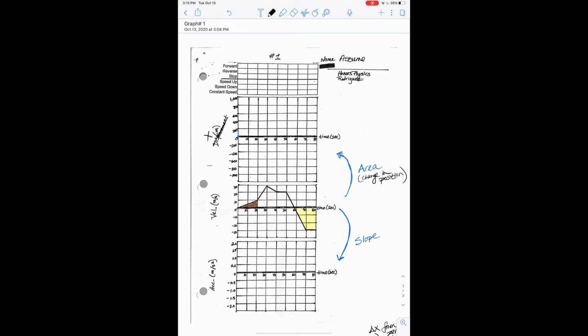Assume that at time equals 0, x equals 0. We'll just say we'll assume that xi is equal to 0 meters. And that's kind of what we're doing here.